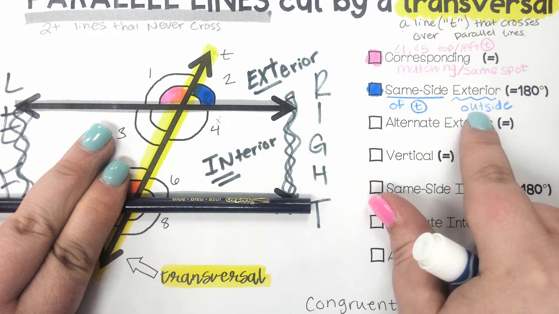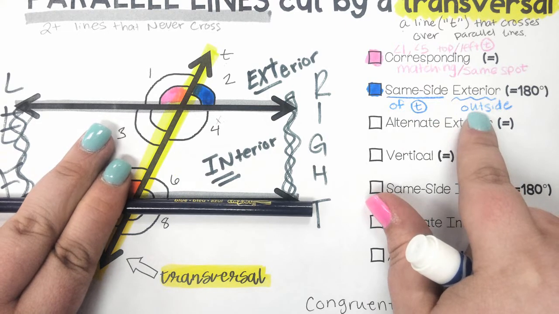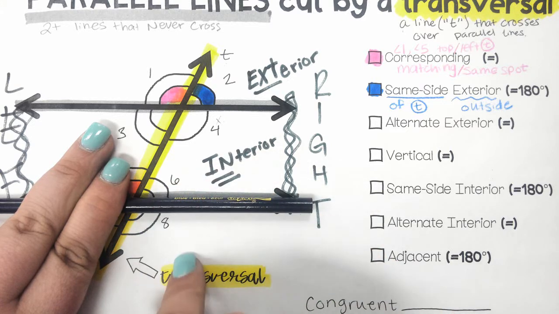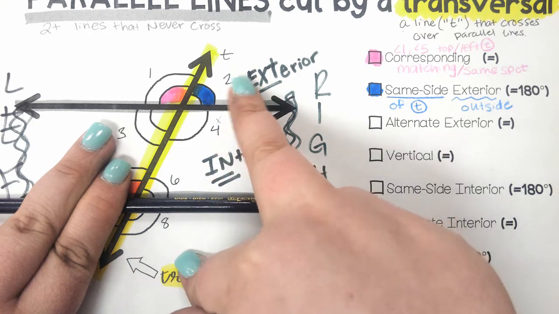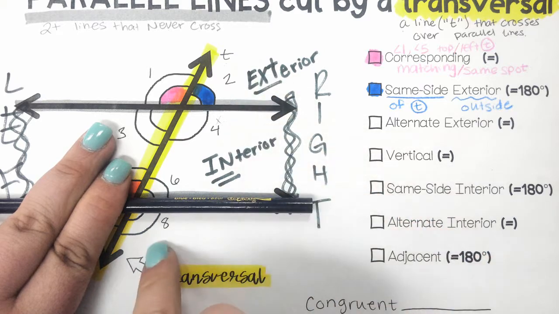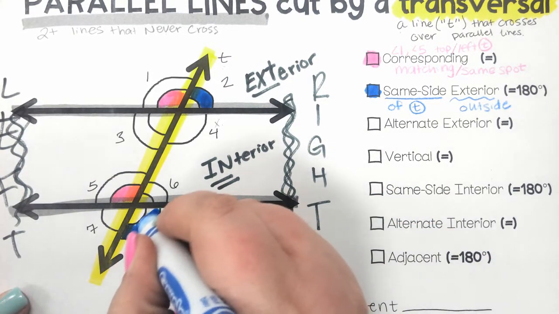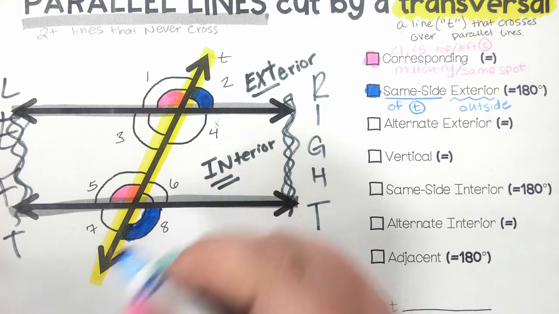And we need the option that's on the outside, the exterior. 6 is inside of the box. 8 is outside of the box. So the same side, right, exterior, outside, angle with 2 is 8. Okay.